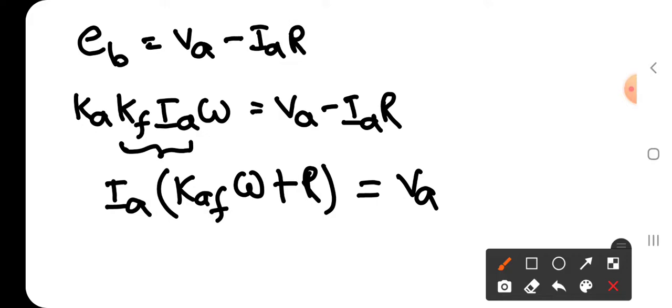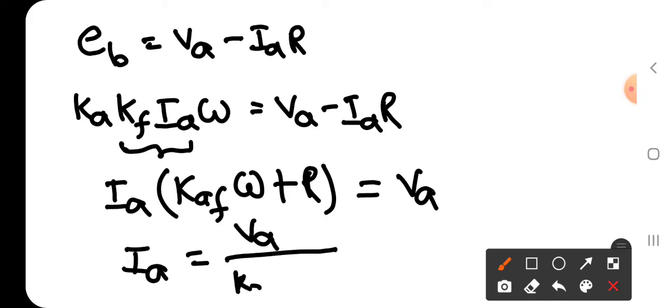Therefore I_A is equal to V_A divided by (K_AF omega plus R).